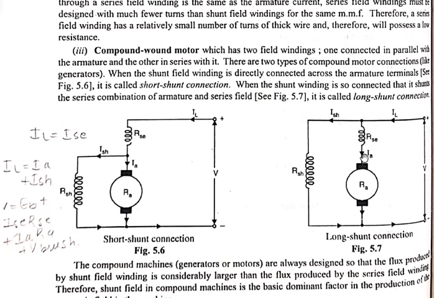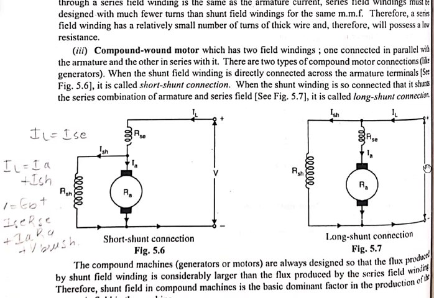And once the current comes here, the voltage drop would be IA into RSC, or ISC into RSC. Then brush drop would be there, then IA RA drop plus back EMF. And if you go in this path, what would be the voltage drop? ISH into RSH. That is basically the voltage drop between these 2 points.